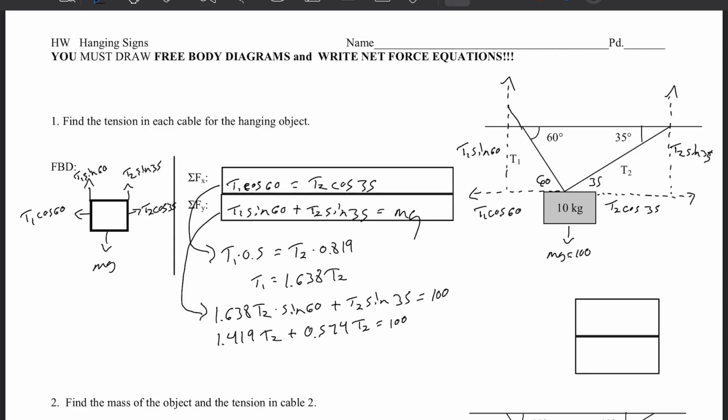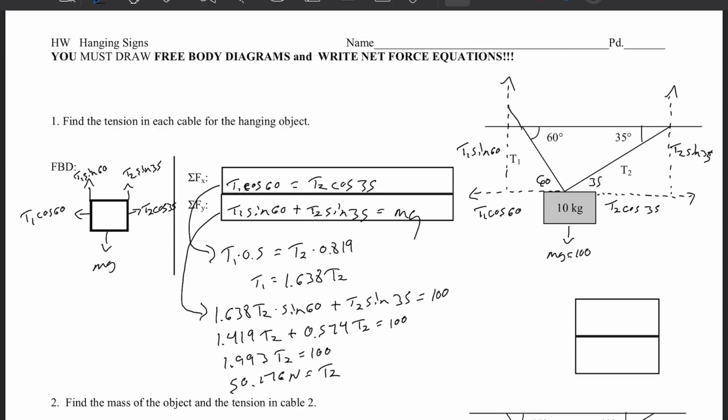When we add those together, I got 1.993 T2 is equal to 100. When we divide by the 1.993, I got 50.176 newtons. I know a lot of people are getting 50 on this one. It really depends on how many decimal places, when you are carrying numbers over, that sort of thing. So we've solved for T2.